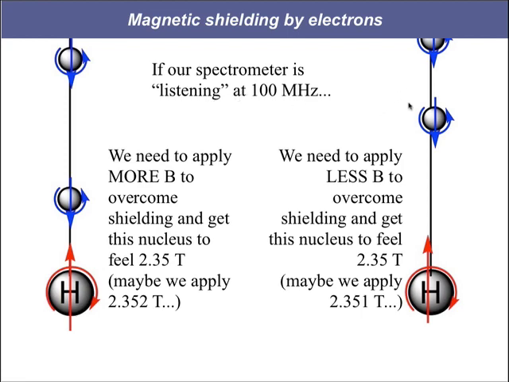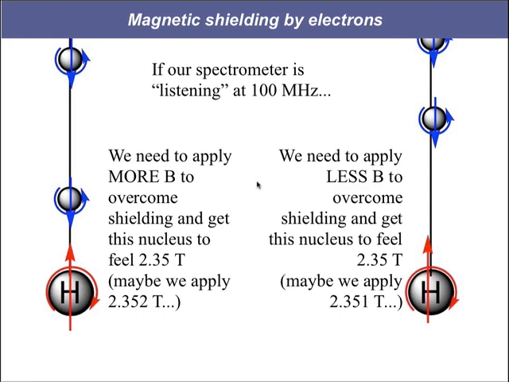Over here, we would need to apply less B0 than we did on the left to get this nucleus to feel 2.35 Tesla. So maybe we would need to apply 2.351 Tesla to get this guy to feel 2.35 Tesla, and therefore to precess at 100 megahertz so we can hear it. So there's two different things you can do.